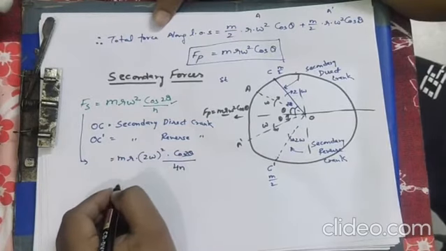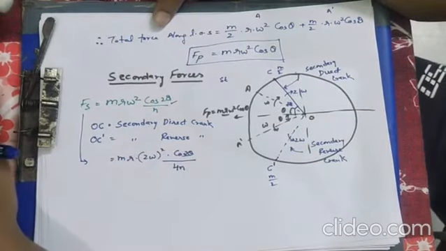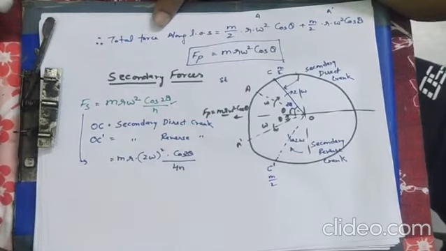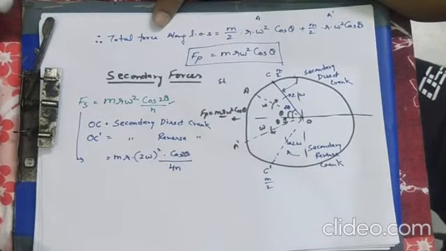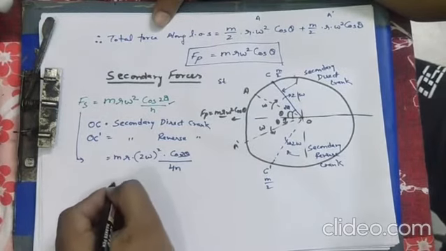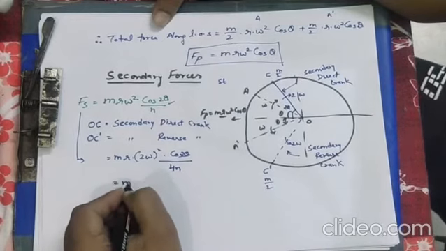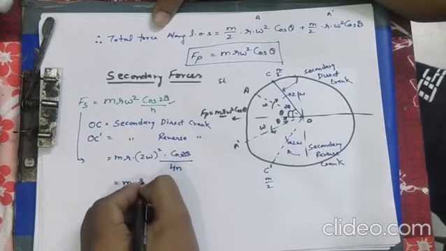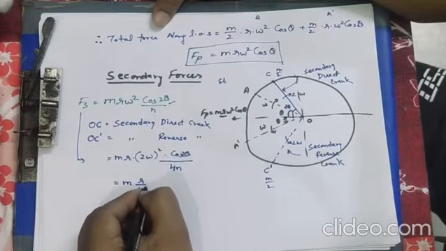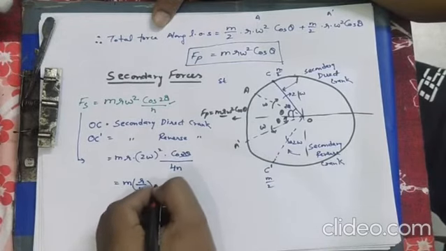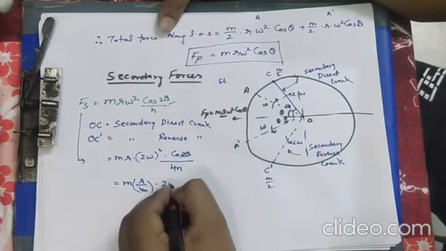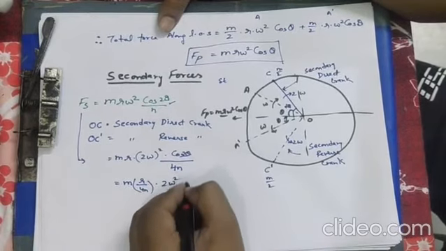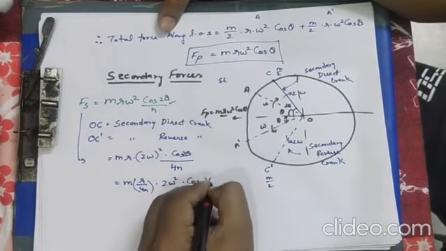Or we can write it in terms of mr omega square? We can write it as m, r upon 4n into 2 omega square into cos 2 theta.